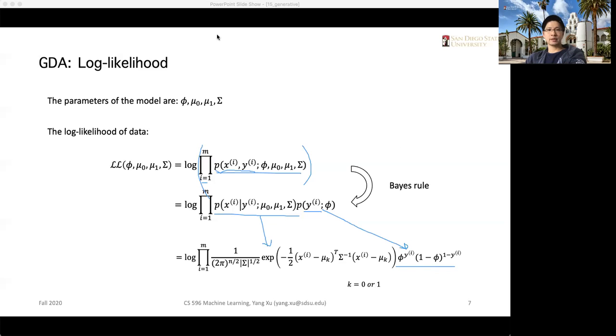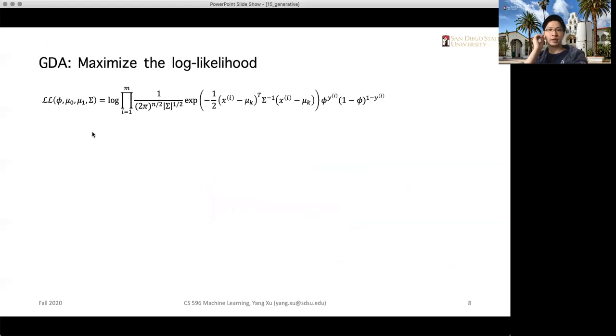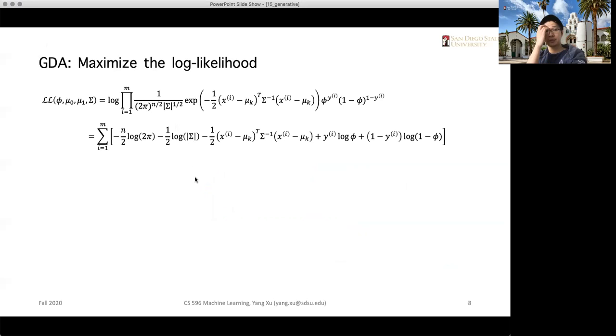Now we're gonna apply the similar trick by applying the logarithm to a product. Basically, it will turn into a summation, right? It turns into a summation of a pretty long list of terms. But since there are exponential terms here, we will remove this exponential function, right?